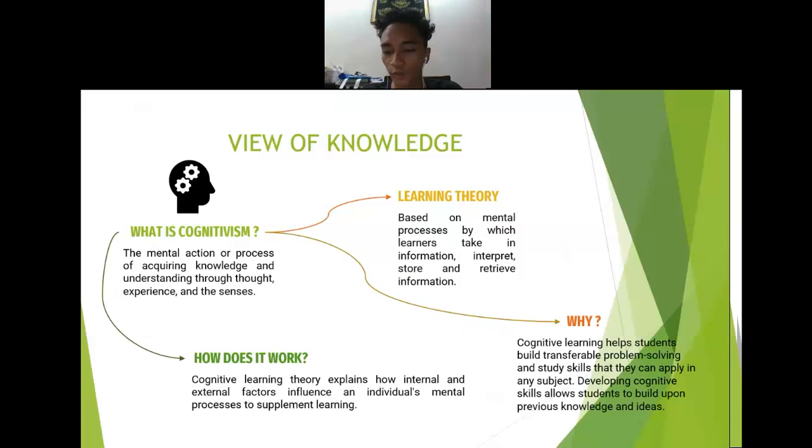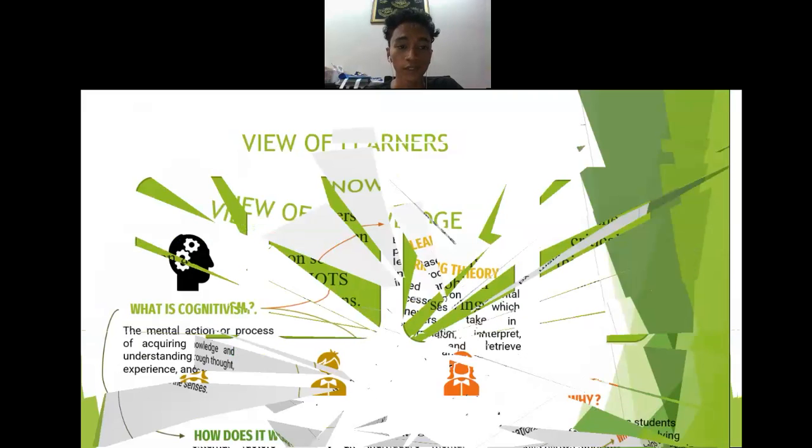For example, if before this we learn our previous knowledge, and then we learn the new knowledge, we can build new knowledge based on the previous one and the new one.